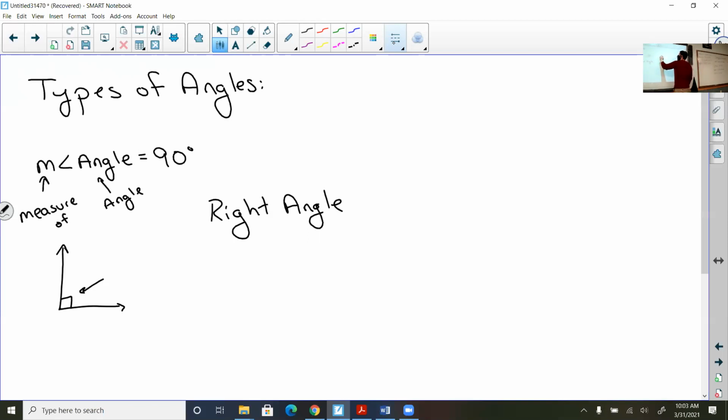Well, what happens if we have something that is greater than 0 degrees, but less than 90 degrees? So 0 degrees is the smallest possible, but we can't get there because then it would be collinear. So it's going to be something a little bit bigger than 0 degrees. And it has to be something less than 90 degrees because once we get to 90 degrees, then it's a right angle.